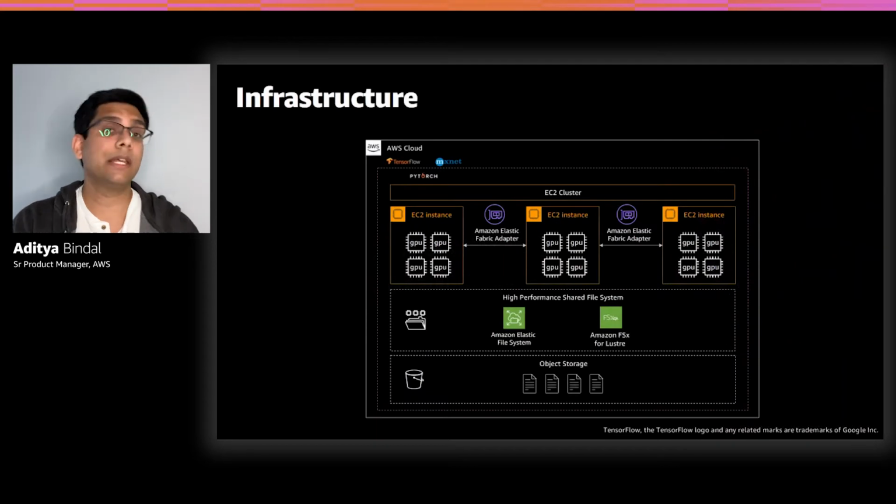So the first thing is infrastructure. Before we get to the neural network algorithm, in order to do multi-node training, you have to provision a cluster of GPU instances. They all have to be connected to each other with a high-performance network, and they need to be connected with your I/O solution. So that could be training data in S3, Amazon's Elastic File System, or FSx for Lustre for a distributed file system.